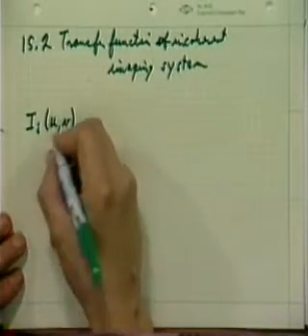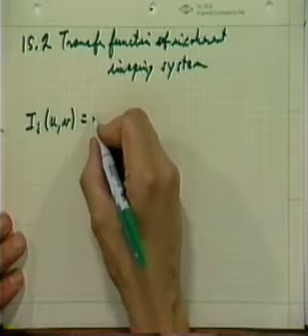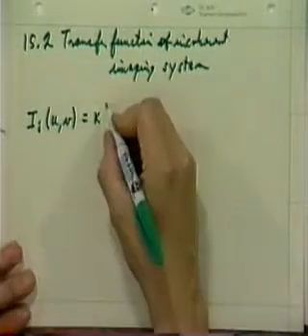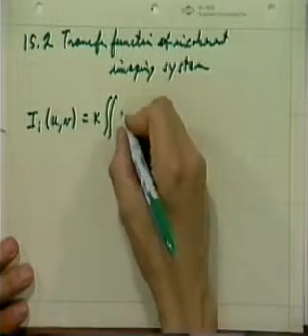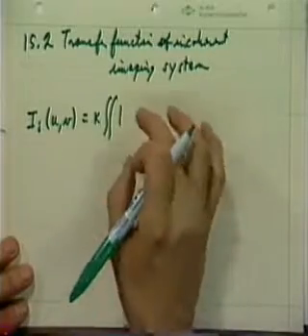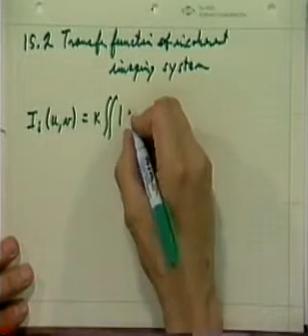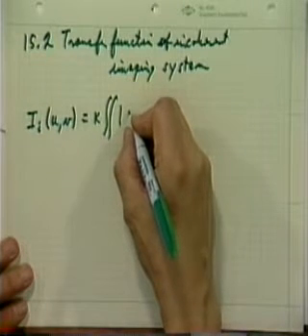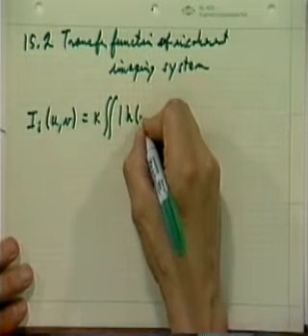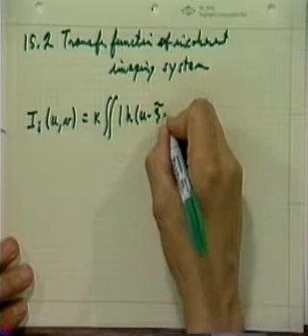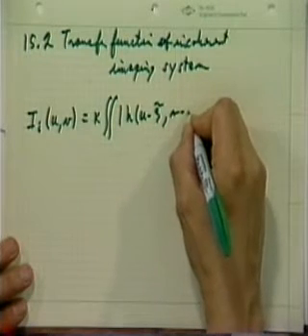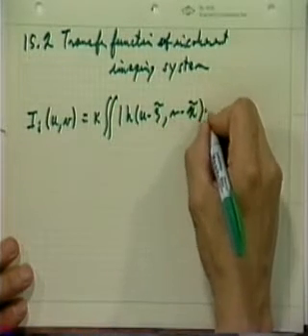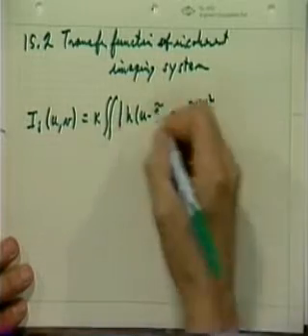The intensity here of the image is some constant, which we're not going to worry about, and now we're going to convolve the intensity point spread function. So that's h of u minus squiggle, v minus eta, magnitude squared.